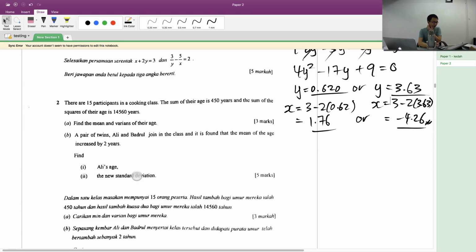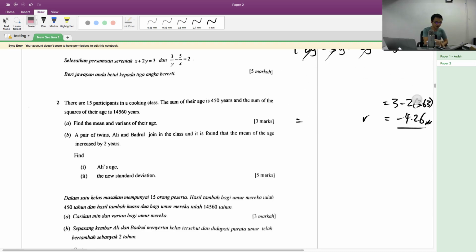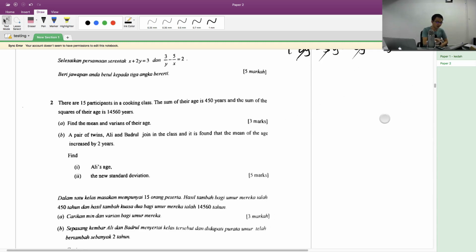Let me erase this because I will need some space to write. I find here my n equals 15 because 15 participants, and the sum of the ages, that means sum of all the x, is equal to 450, and the sum of their ages squared is 14560.